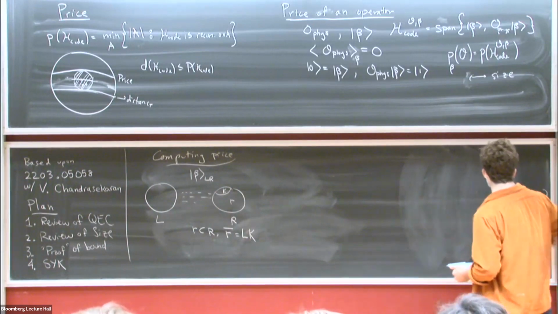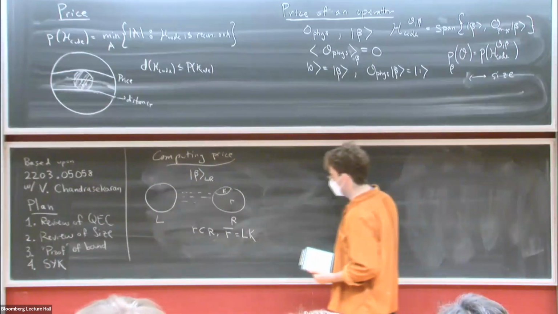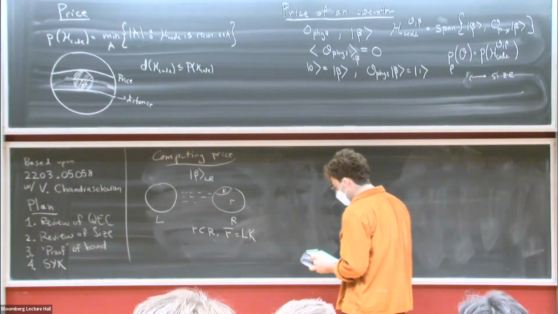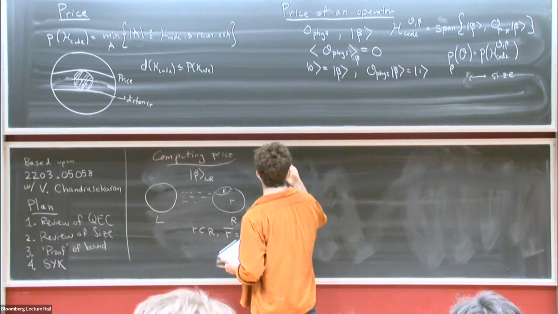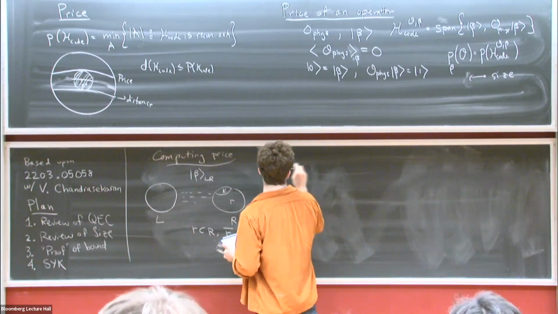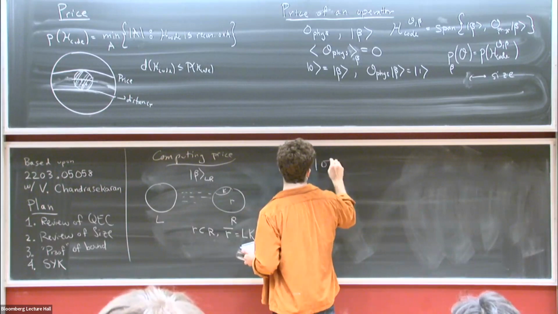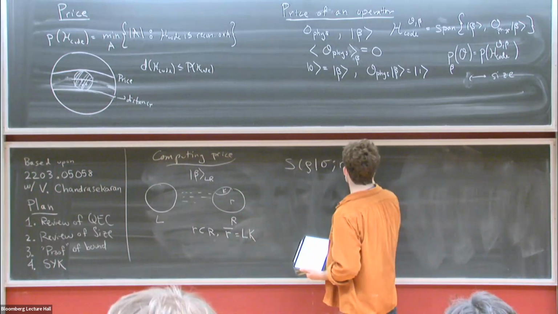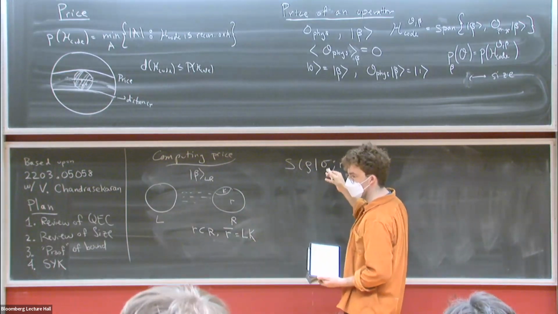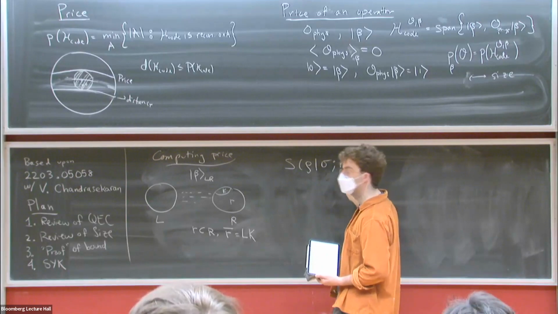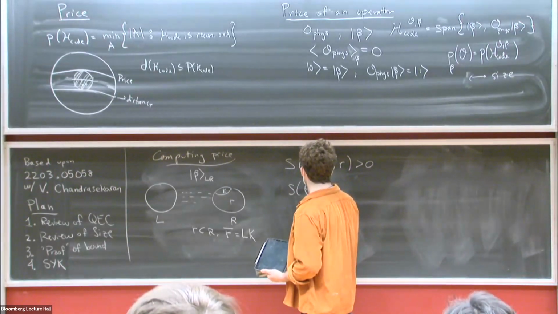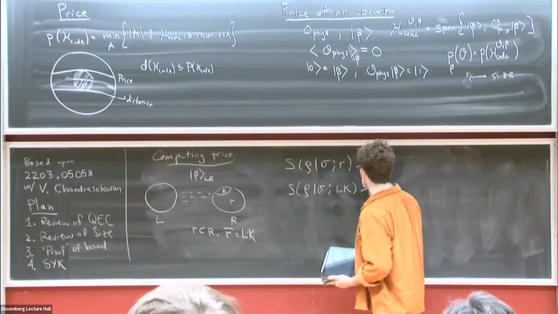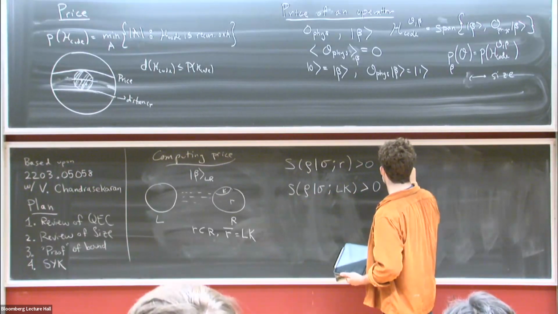One quantity which senses whether an operator is reconstructible from one region or the other is the relative entropy. I can compute something called the relative entropy between two density matrices. I'm not going to tell you what this is, other than to tell you that when it's very positive, these two states are easily distinguishable on little r, and also for the other region, the complement.